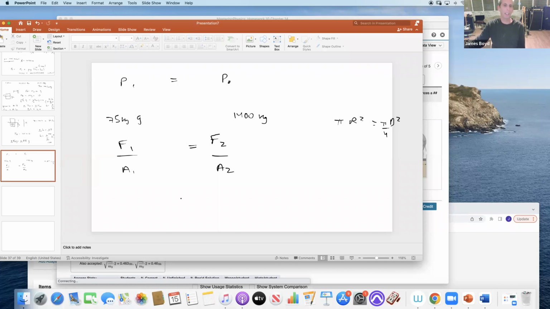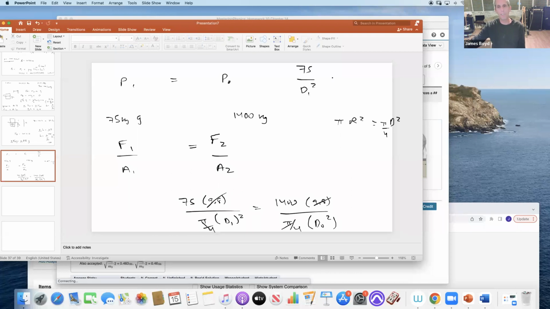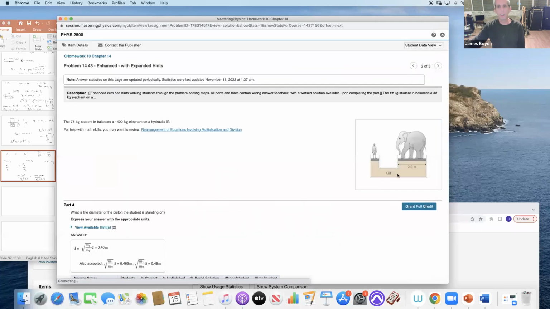So what we get is 75 times 9.8 over pi over 4 times d in squared is equal to 1400 times 9.8 over pi over 4 times d out squared. The 9.8s go away, the pi over 4, and what we get is 75 over d in squared is equal to 1400 over d out squared.